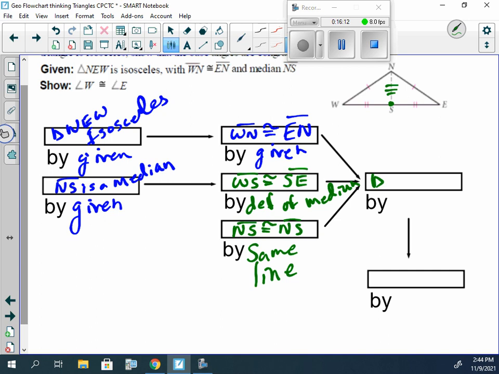Mm-hmm. So we can say triangle WNS is congruent to ENS by side, side, side. Therefore, angle W is congruent to angle E by CPCTC.